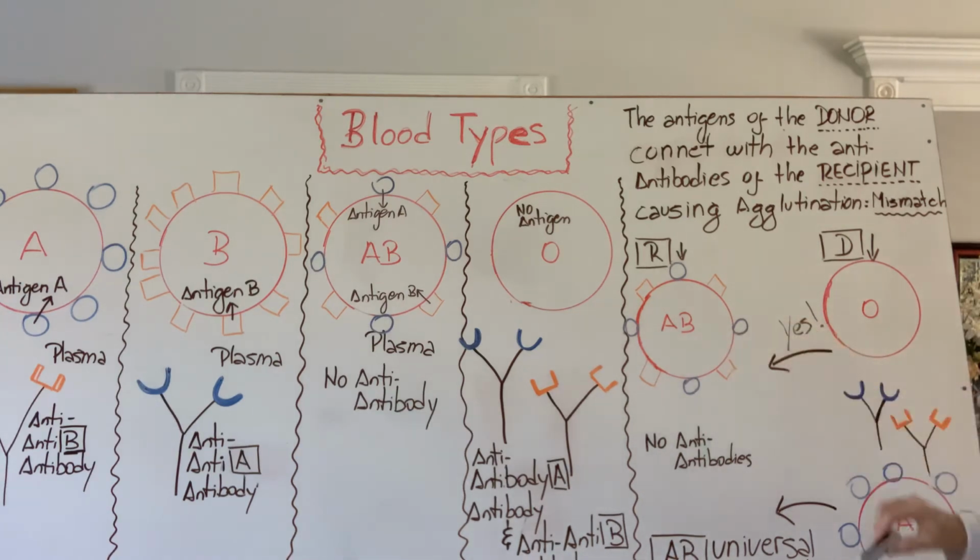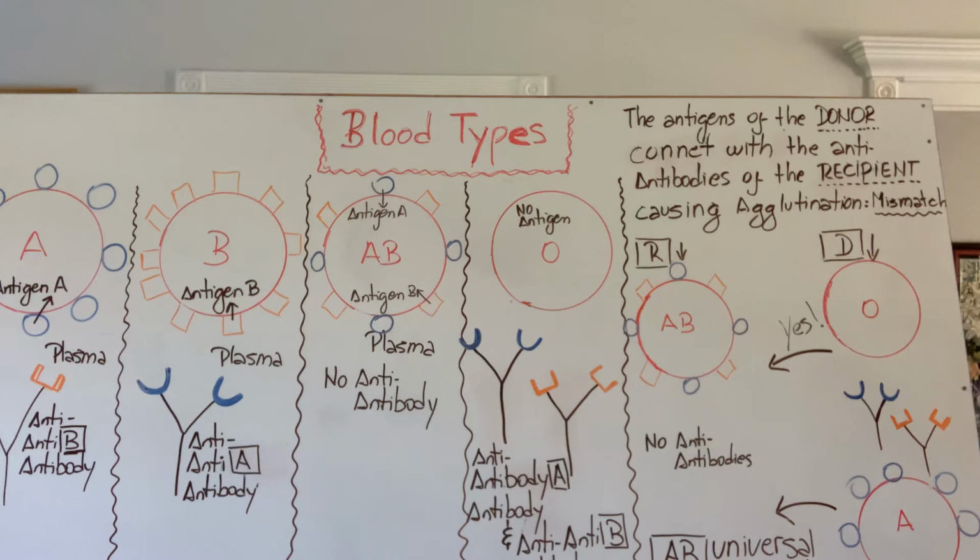So AB can receive blood from donor O, A, AB, or B. And this is the condition that makes AB the universal recipient.